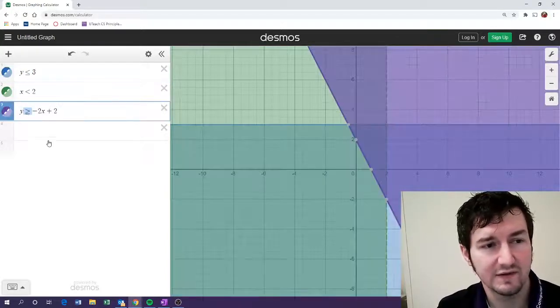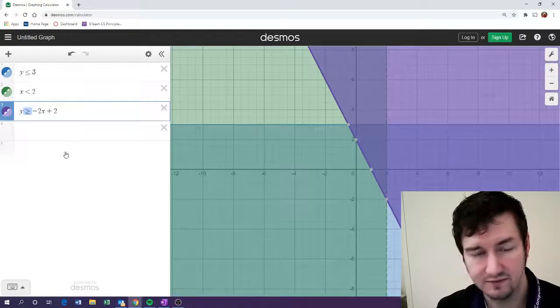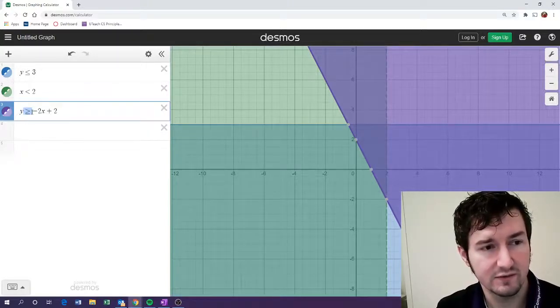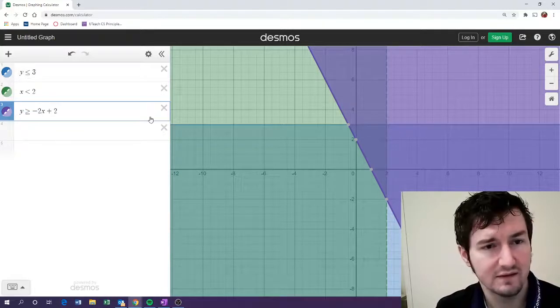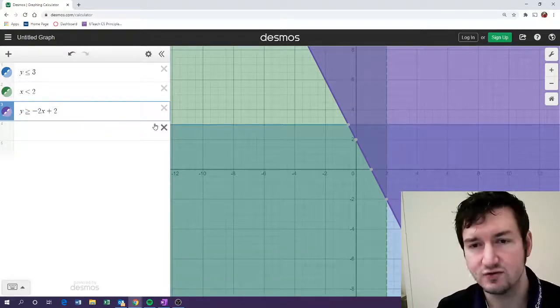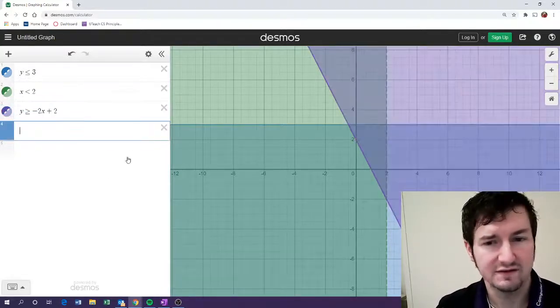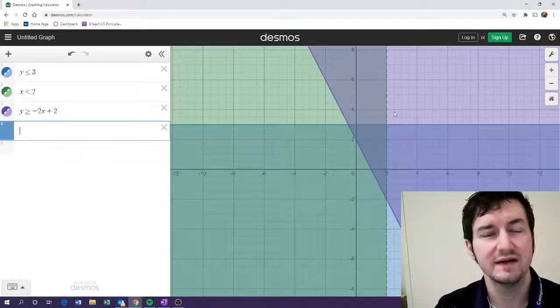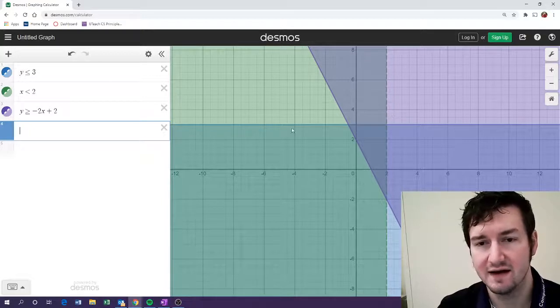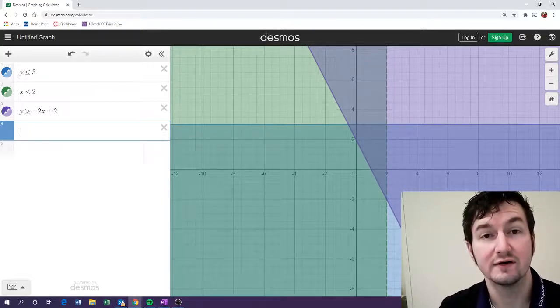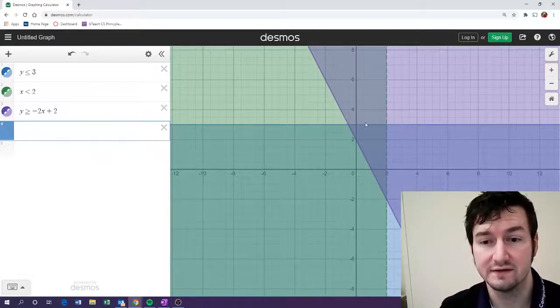And it's the same thing with the greater than and the greater than or equal to. Since this was a greater than or equal to, then it's a solid line for that. So when you're drawing your graphs for these, just keep that in mind, that you want to make the dotted lines go with the less thans or greater thans, and the solid lines will go with your greater than or equal to's or your less than or equal to's.